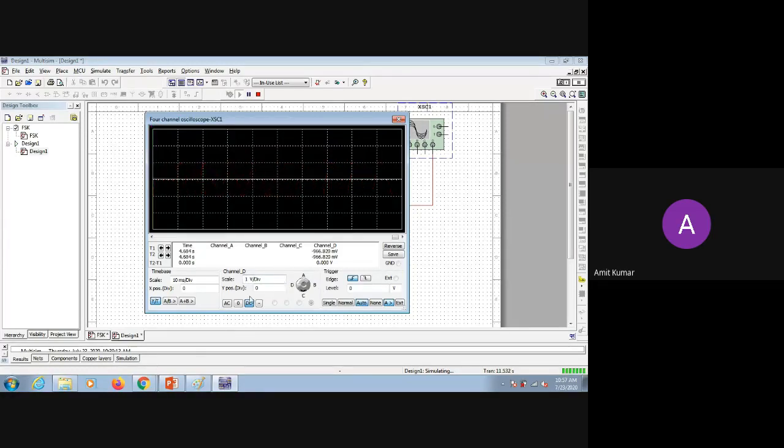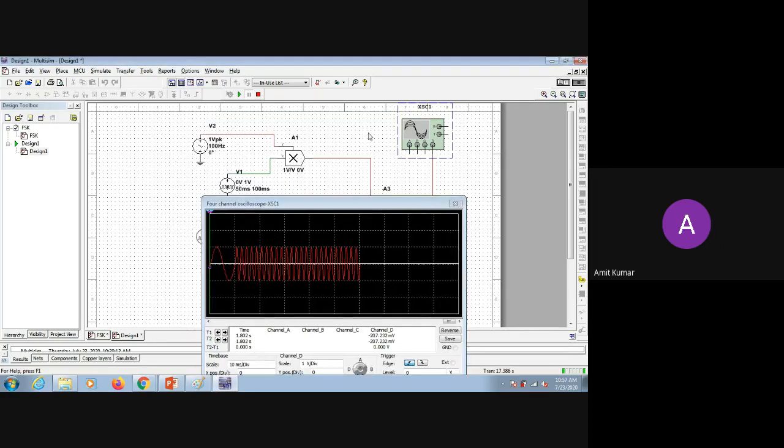Now if you see the output, okay, it is not working with that. So for 0 it will be something else, and for 1 it will be something else. So I will take the digital data so that we can compare both the data.